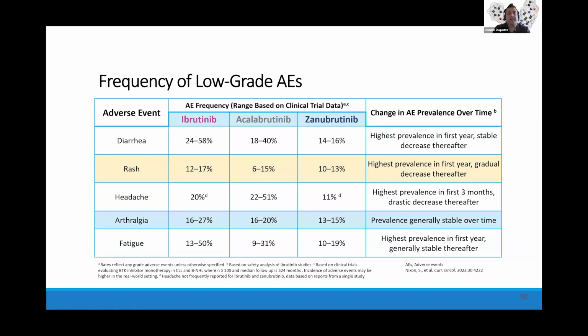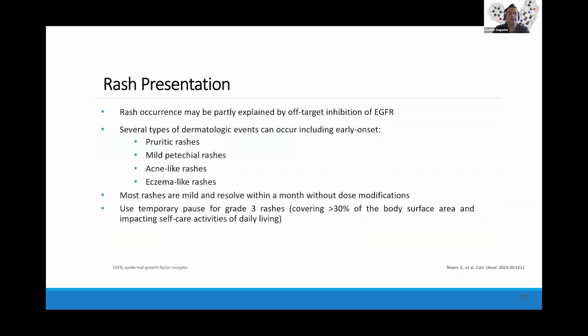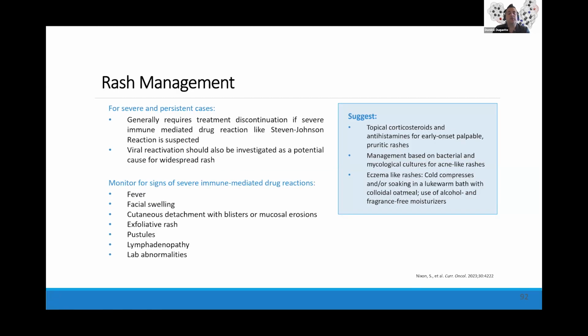For the rashes, the prevalence is in the first year. Usually it's really mild, small things. You should pause if it's grade 3 or more, so 30% of the body. Usually it's quite less than that, but for severe cases, you should also be worried about Stevens-Johnson reaction.